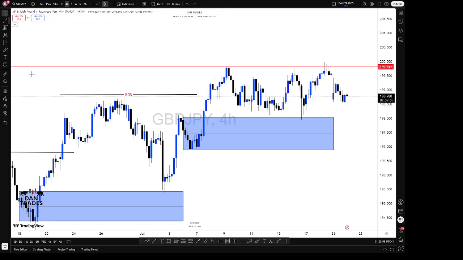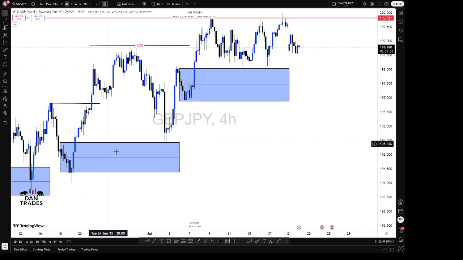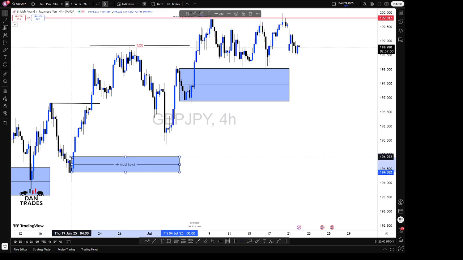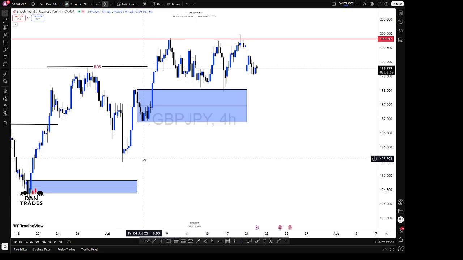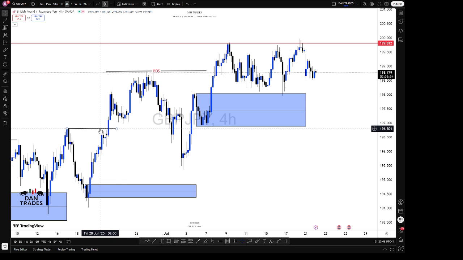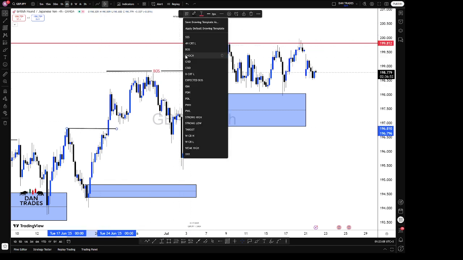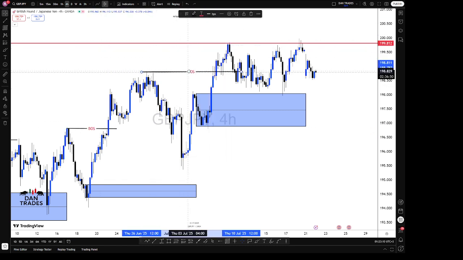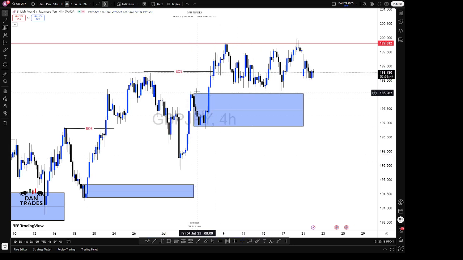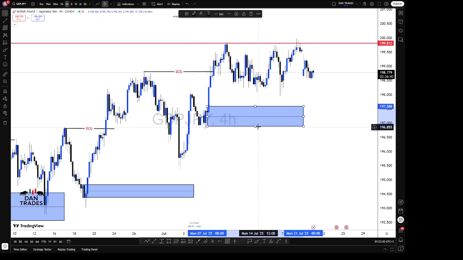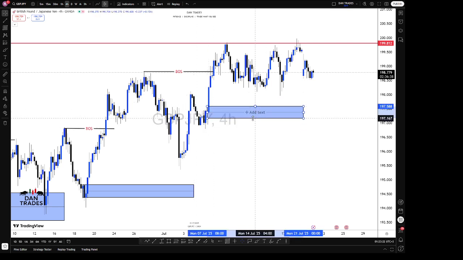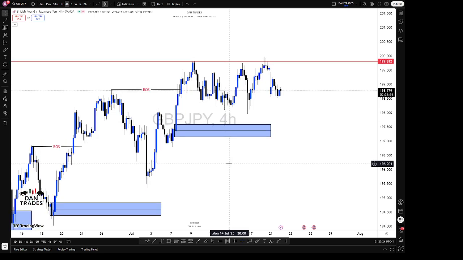Yeah, moving to 4 hours. On 4 hours, we're going to refine this point of interest to around that area, right? Remember, this is a breakout structure, okay, and this is a breakout structure at this point, okay. Then if we're going to refine this order block on 4 hours, then we're going to use this, okay.